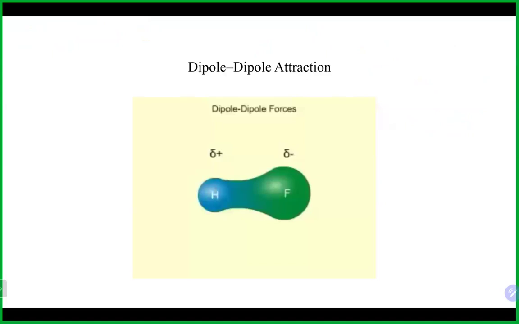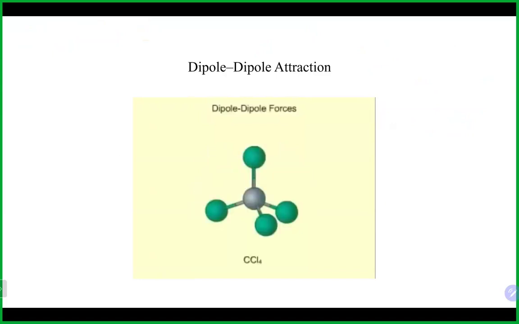Here's an example of that, I think. Bonds between atoms with different electronegativities have a permanent dipole, that is, a separation of charges, because of the unequal sharing of electrons. Some molecules which contain polar bonds do not have a net dipole. For example, carbon tetrachloride has polar carbon-chlorine bonds, but the polarities cancel as a result of its symmetrical structure.